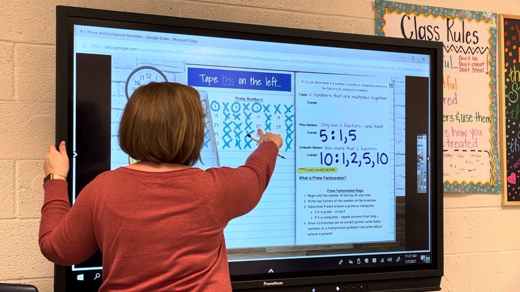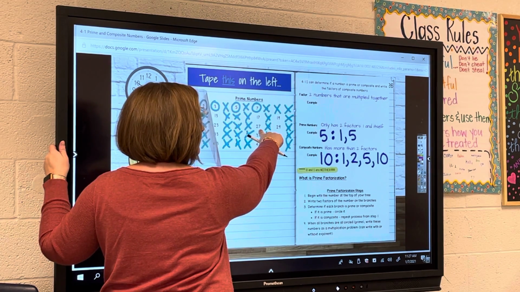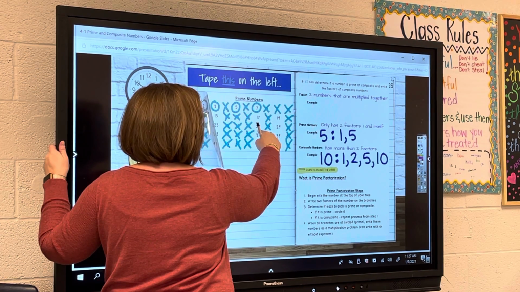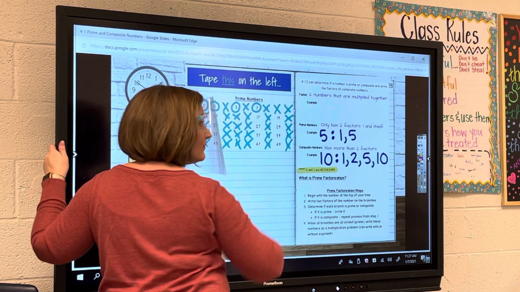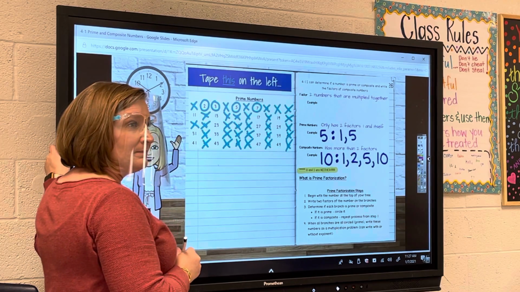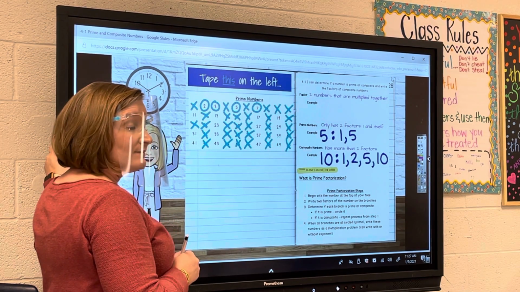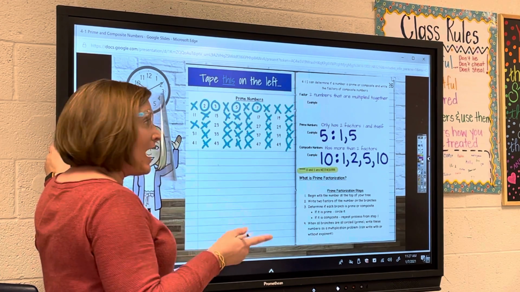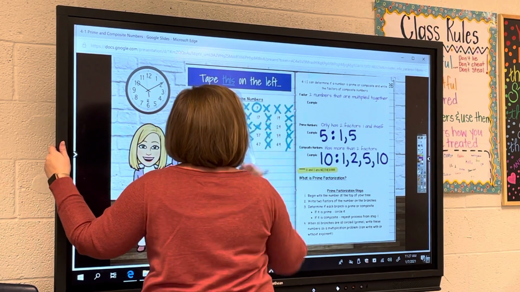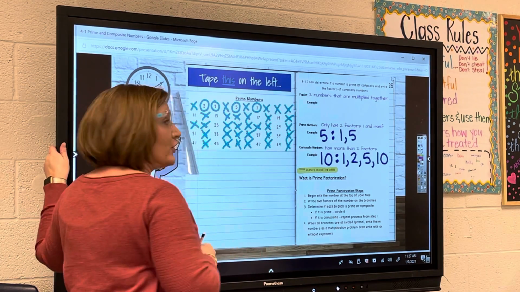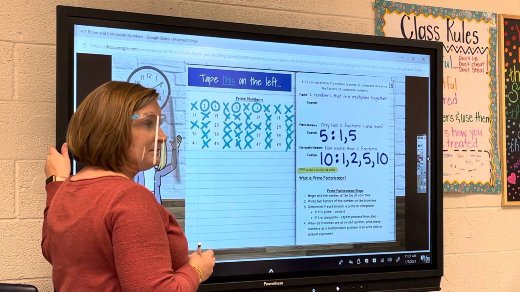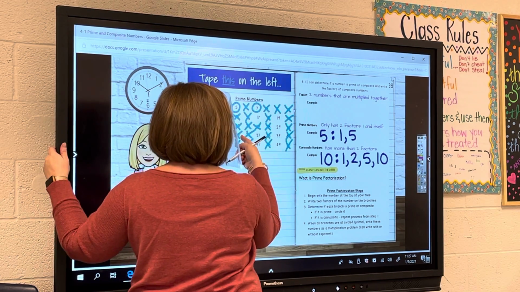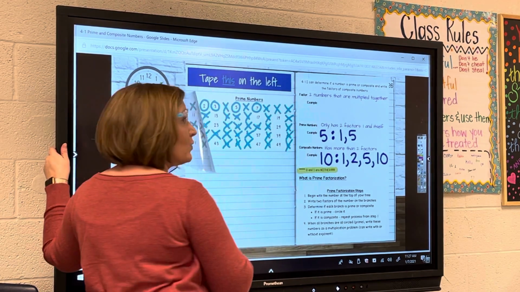What about 27? 3 times what? 3 times 9. 30, we've already marked it out. 33, 3 times what? 11. 36 is already marked out. 39 is 3 times what?